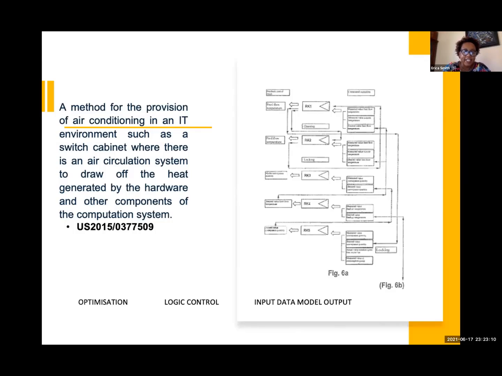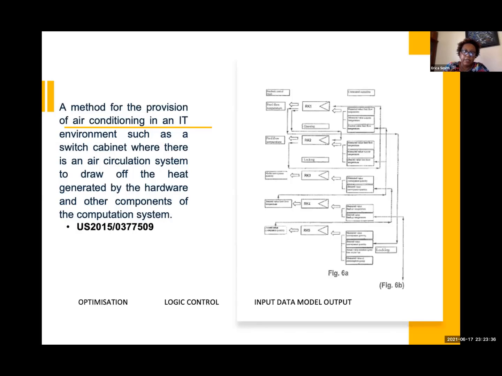Anyway, figure 6A shows the control loops to determine the fan rotation speed in the circulating air cooling system and the desired value of the feed air temperature. It also shows how the desired value of the feed air temperature is determined in the optimization process and influences the further feedback control.